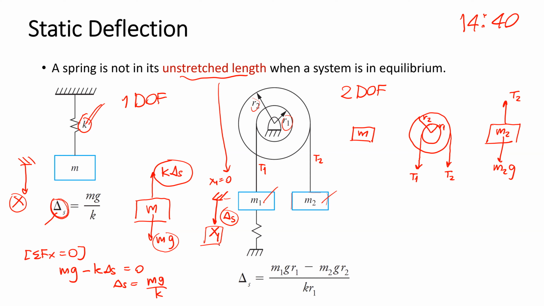And finally, when we compute and we have a negative value of delta s, it means that we assumed positive x1 in the downward direction, but the actual static deflection, the actual motion, should go upward instead.